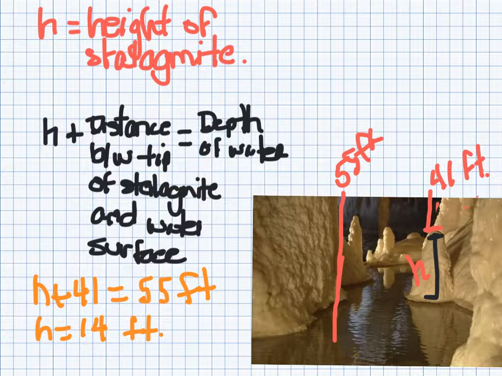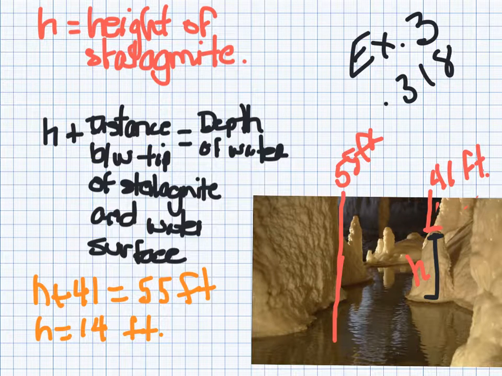This might be a little confusing because the picture isn't the same, but it gives you an idea what I'm talking about. If you wanted to look at this problem in the book, it's example 3 on page 318. You can look there and see a better picture than what I was trying to draw here.